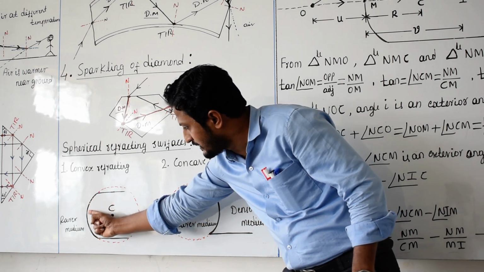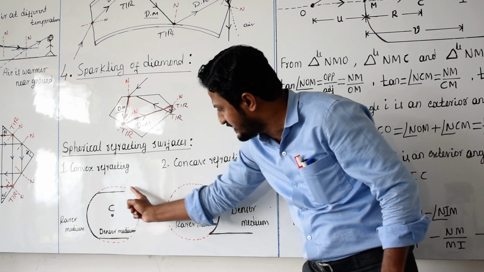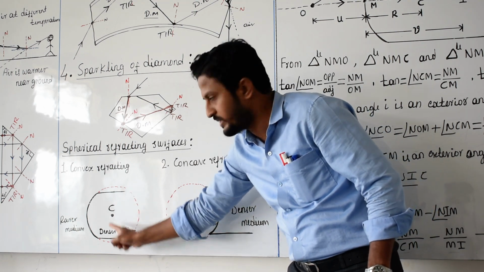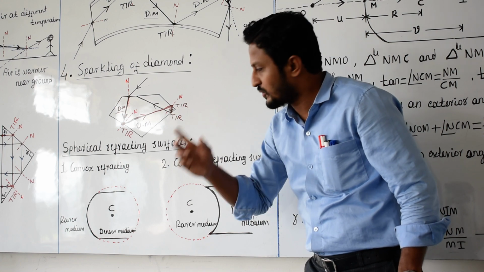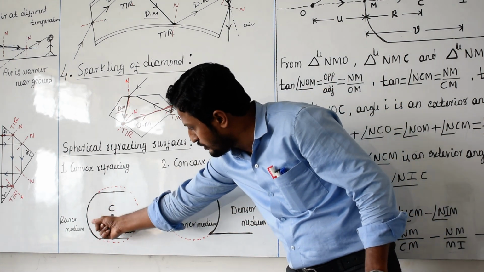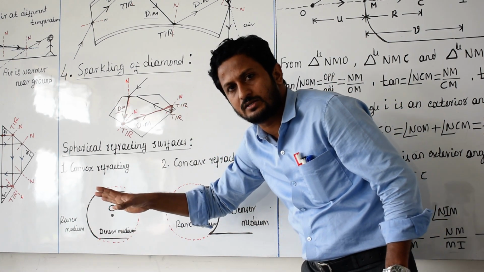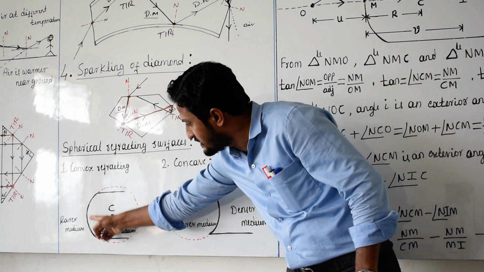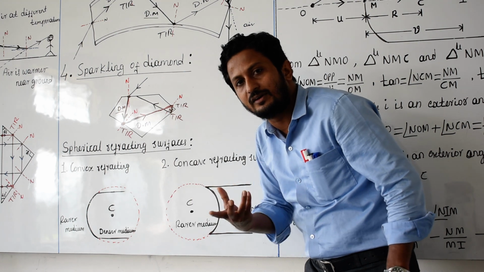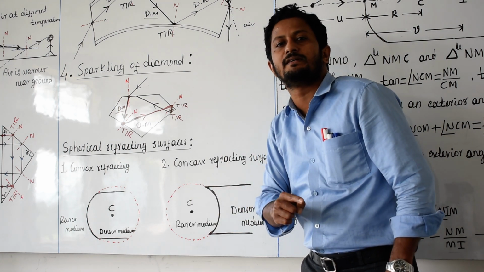Behind this curved surface there is an imaginary sphere which I represented with red dotted lines. So this curved portion looks like a part of this imaginary sphere of transparent material.